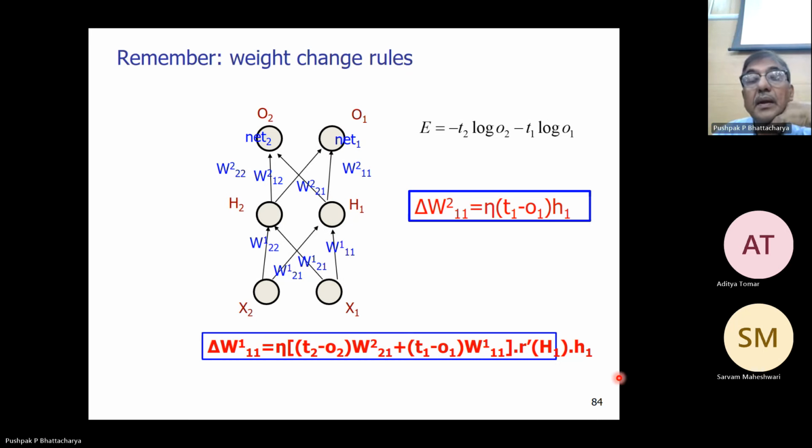Learning rate into the input, X1, into the backpropagated delta.